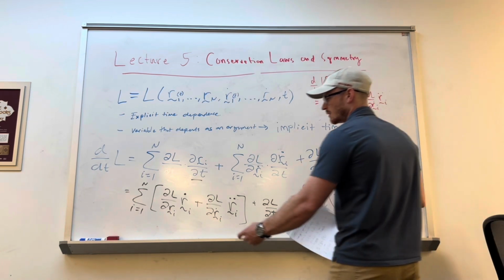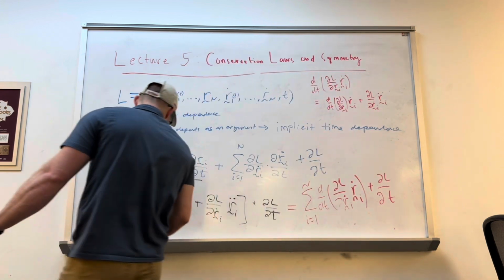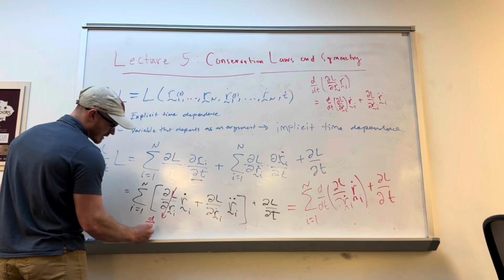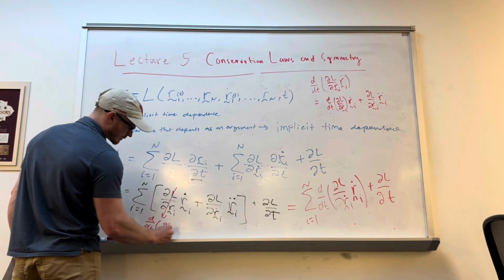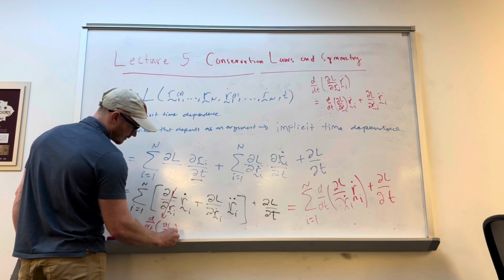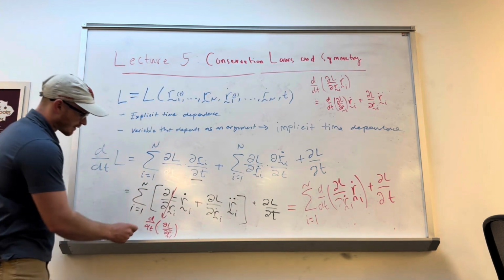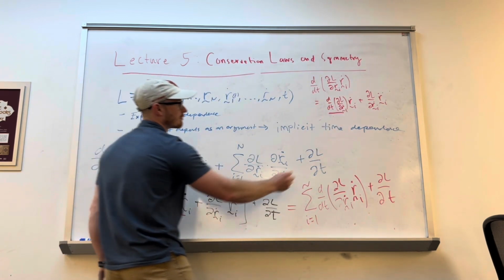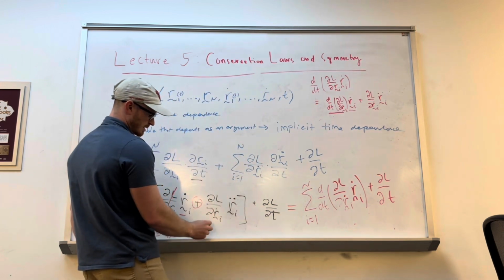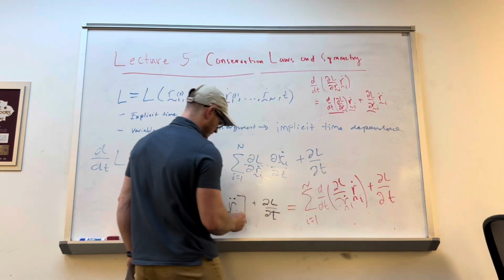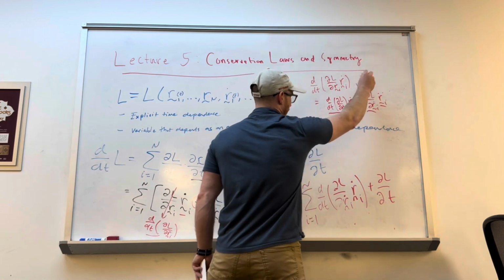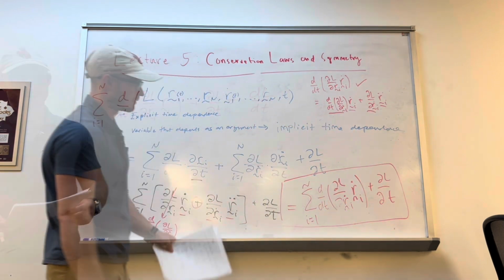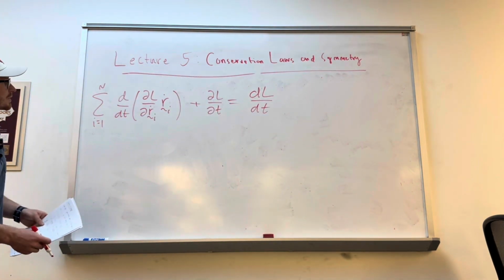Well, recall that partial L partial ri, through the Lagrange equation of motion, is just equal to d dt partial L partial ri dot. Considering that, we have this term here times this term plus this term times ri double dot here. So that checks out. So this form works here. I've rewritten the result that we just derived.